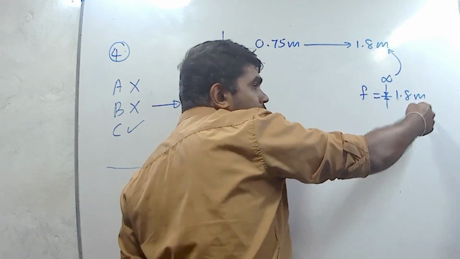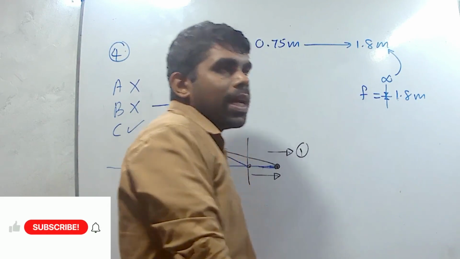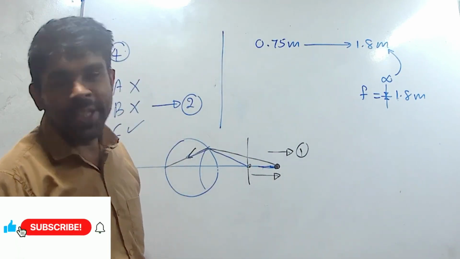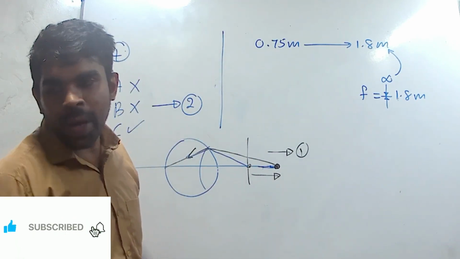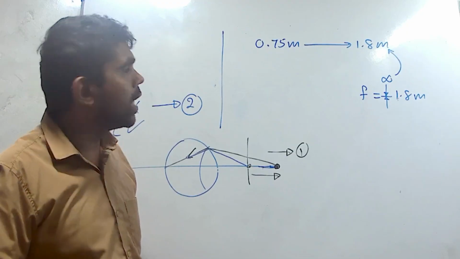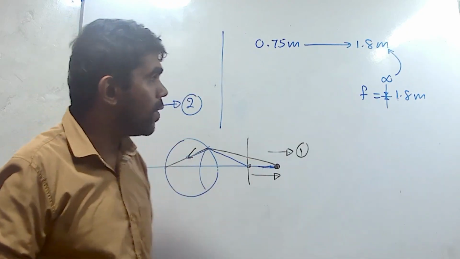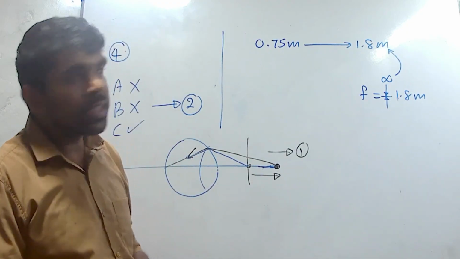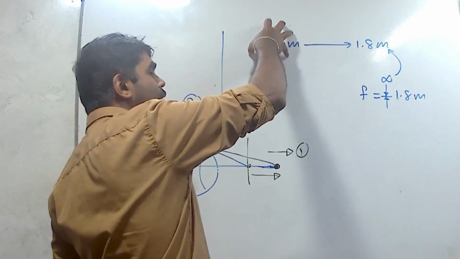Therefore, to see infinity, he should wear a concave lens with 1.8 meters. But there is no answer with this value and this type of lens. Therefore, they will ask for a correction for this one.